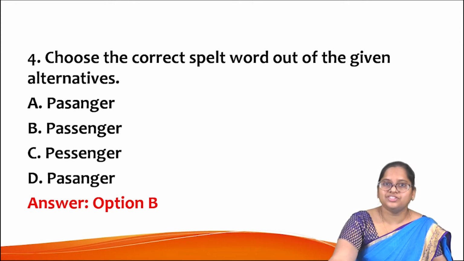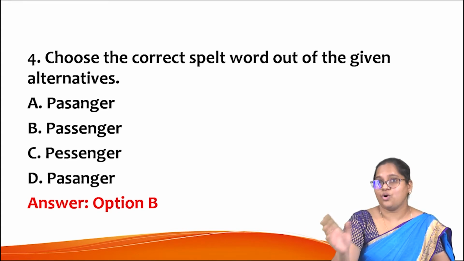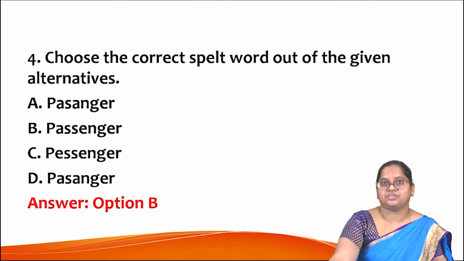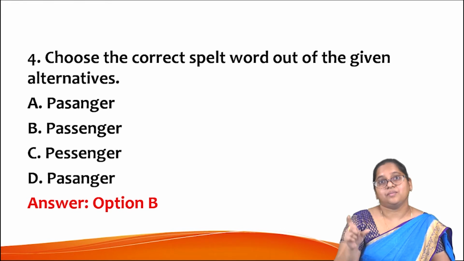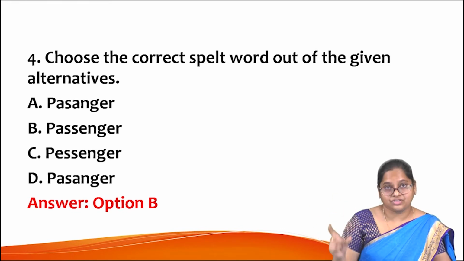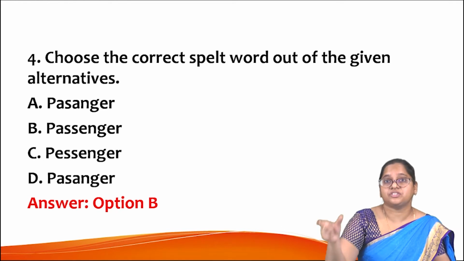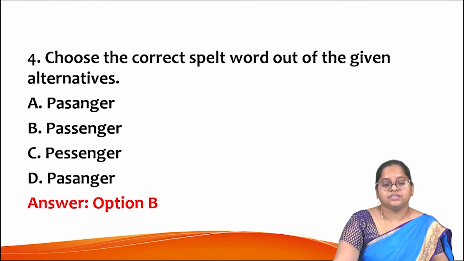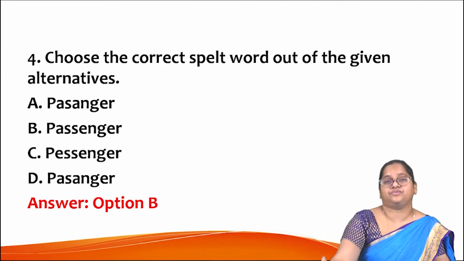B, P-A-S-S-E-N-G-E-R. Of course, the option is very much there. C, see how according to the spelling, the sound also changes, P-A-S-S-E-N-G-R. D, again like the first option. Sometimes the words are repeated.